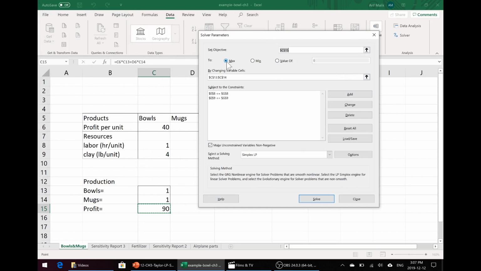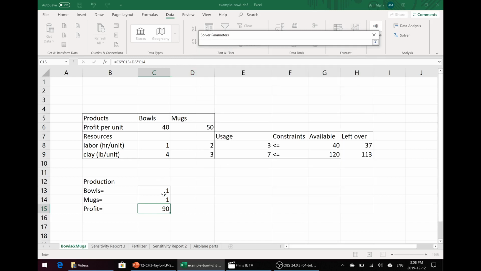We can change to maximum or minimum, depending on whether it is a maximization or minimization problem. Actually, it is already filled up because I solved it earlier. Anyway, we have a maximization problem. Then by changing variable cells, we just click on that. These are the variable cells.